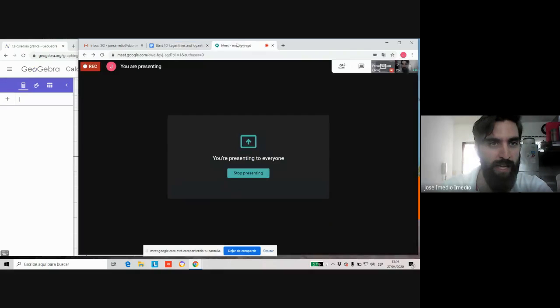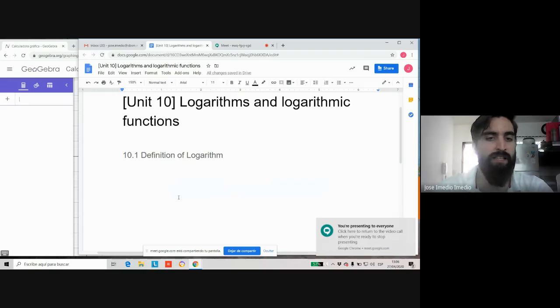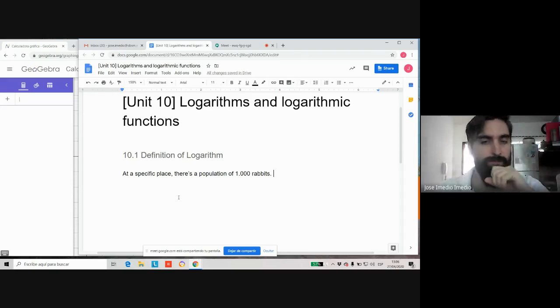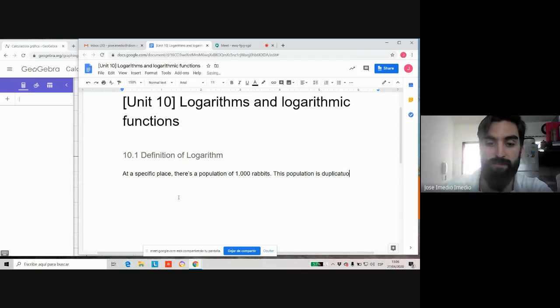Let me start with this: at a specific place there's a population of 1000 rabbits, and this population is growing, or duplicating, each year. So the population is duplicating each year.